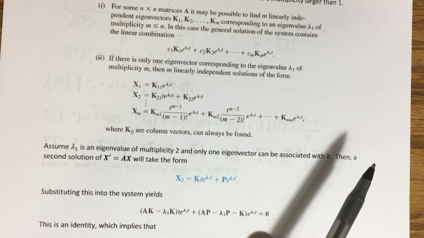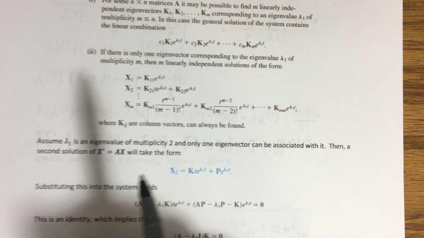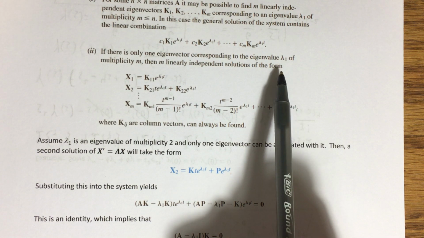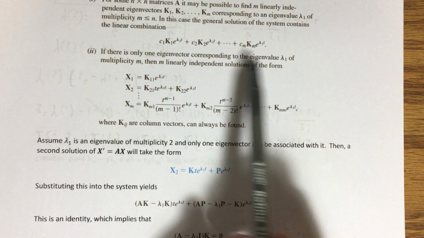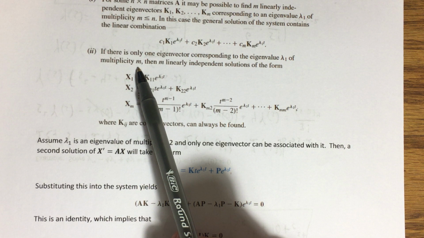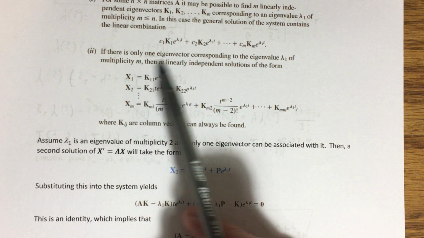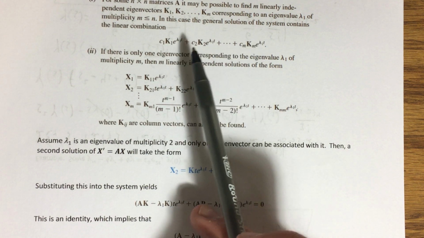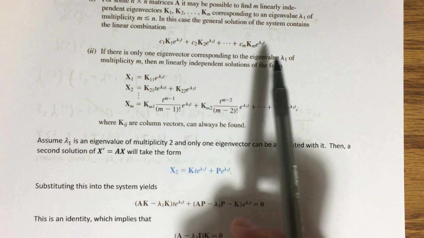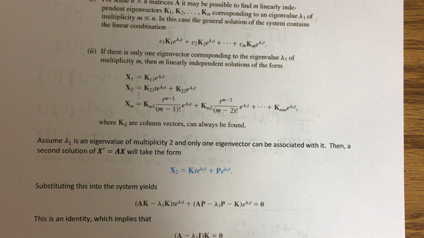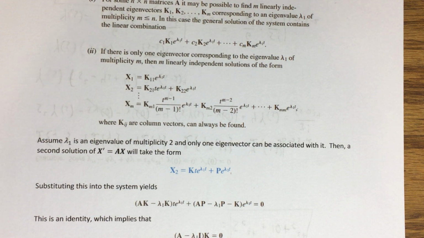Now the trickier case, which is not uncommon, is when you have an eigenvalue lambda 1, let's say, of multiplicity m, but even though m we're assuming is greater than 1, we can only find one eigenvector corresponding to that. So this sometimes occurs as well, where you have, for example, an eigenvalue of multiplicity 2, but you can't find 2 linearly independent eigenvectors, which is what you need for your solution.